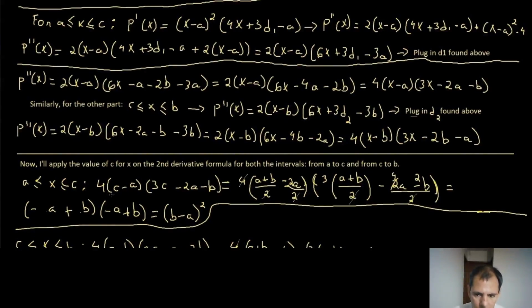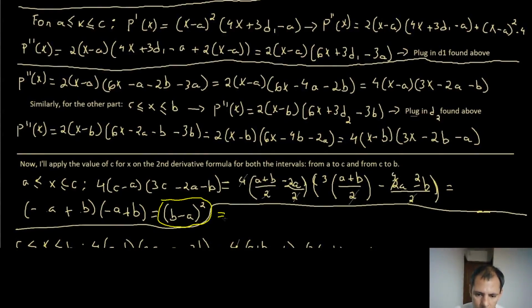So this is the second derivative of p of x to the left of c. Plugging c in here and in here, you have to remember that c is a plus b divided by 2. So you plug that in here and you're just going to come up with a small formula. So what is this?